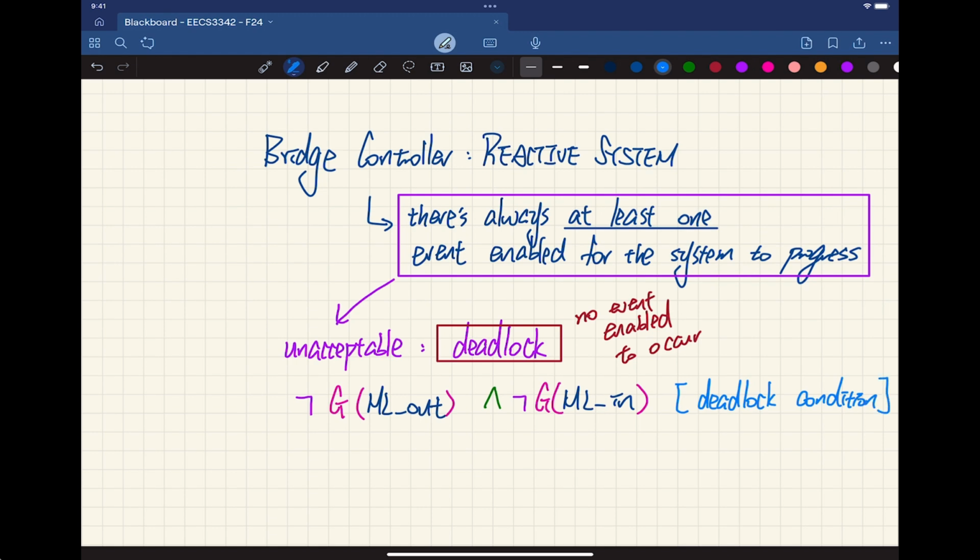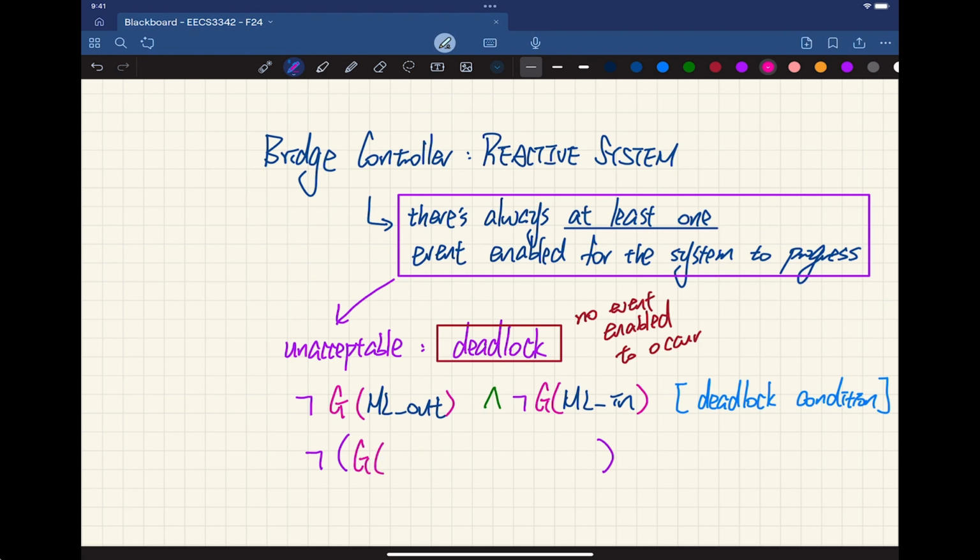And let's play with that a little bit. Let's use De Morgan. Would you agree this condition here for deadlock is equivalent to not the case? What should I put inside? Or, good. You guys are good.